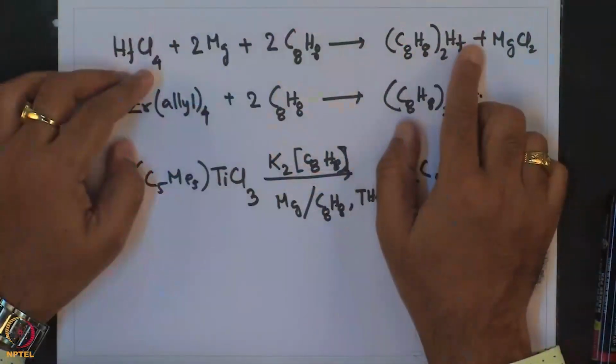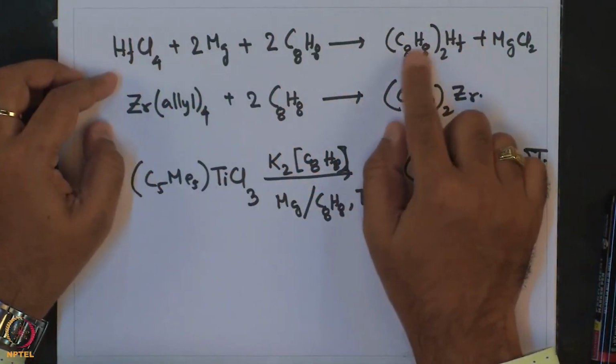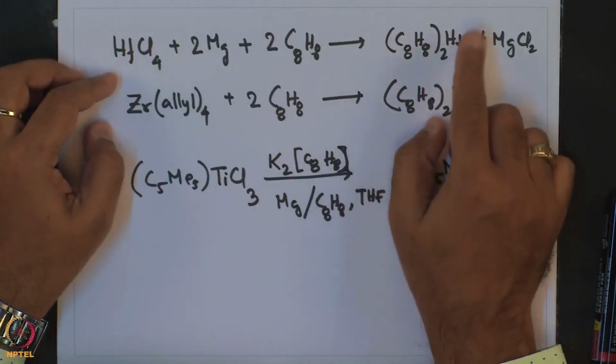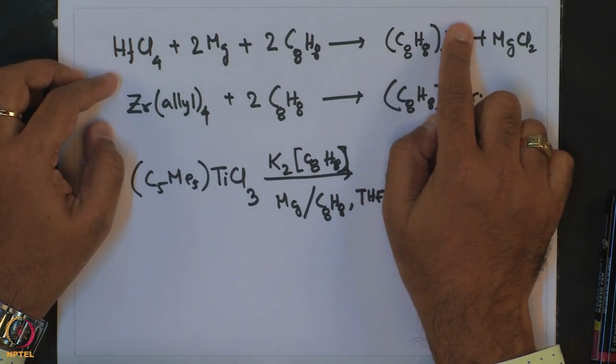these reducing agents like metallic magnesium, or over here magnesium C8H8, have been added, and this is primarily to make the COT into a dianionic form, because COT would take 2 electrons to become a dianionic form, and that then would react with hafnium. So, in this case, 2 COT in dianionic form makes hafnium plus 4 oxidation state.